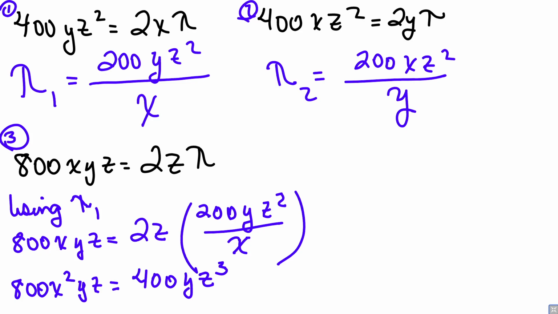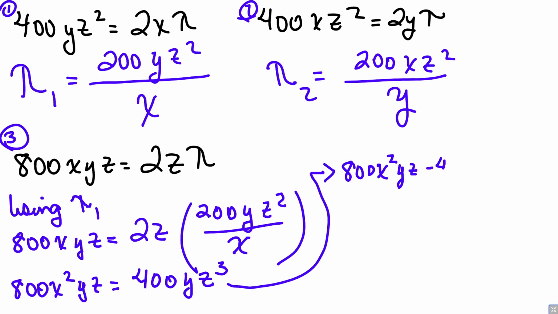So now, if I want to solve this, basically I want to get it equal to 0. So I'm going to have 800x squared yz minus 400yz cubed is equal to 0.